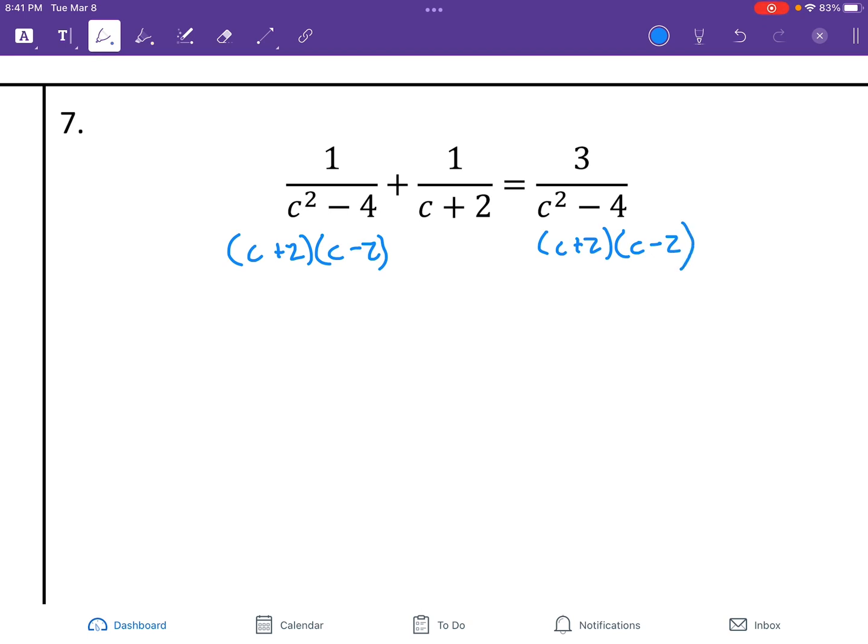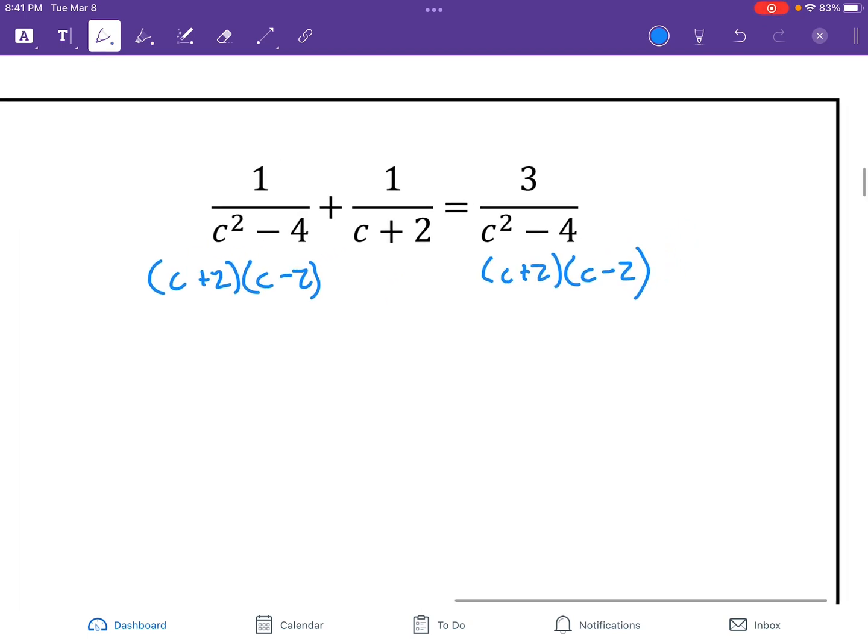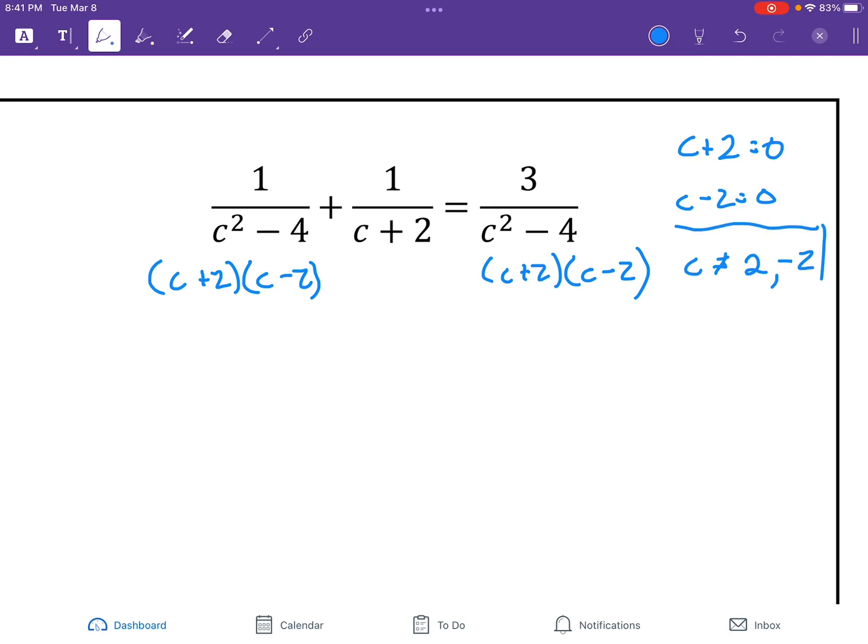It's the same thing, so we have to do our domain restrictions. So these are the values we're going to use. C plus 2 equals 0, and C minus 2 equals 0. So C cannot equal 2 or negative 2. Again, make sure you don't do the domain restrictions for your rational equations.